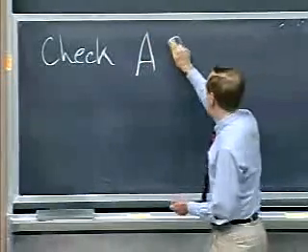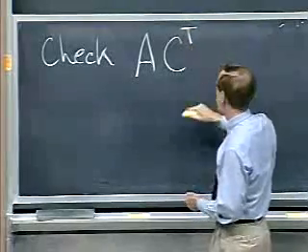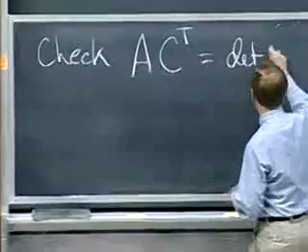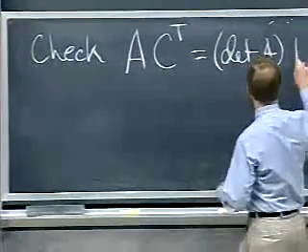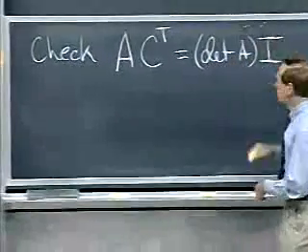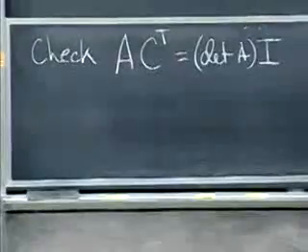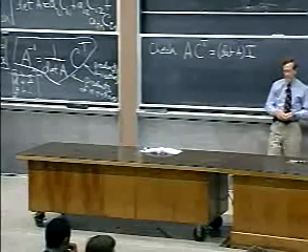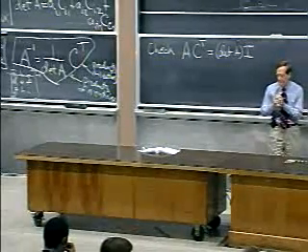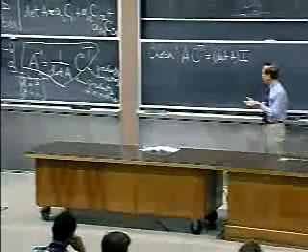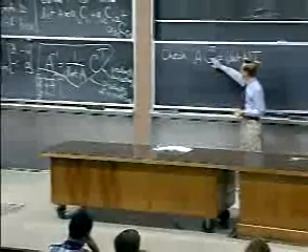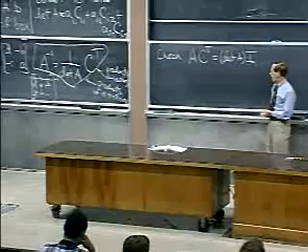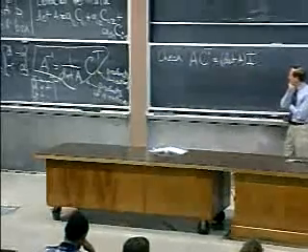So I check that A times C transpose, let me bring the determinant up here, the determinant of A times the identity. That's my job. If this is true, and it is, then I've correctly identified A inverse as C transpose divided by the determinant. Okay, but why is this true?